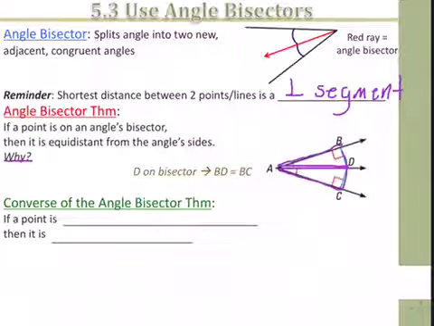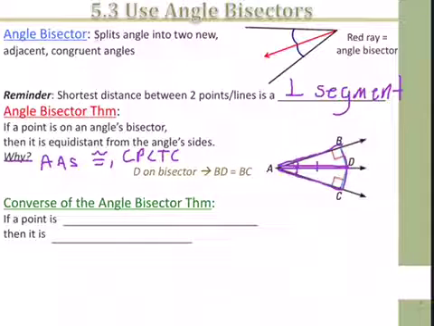So, I'm given that BAD is congruent to DAC, because of the definition of angle bisector. I have that angle B and angle C are right angles, cool, that's an A for us, and I have that AD is congruent to itself. So it sure does look like I have AAS triangle congruence, followed up by CPCTC.